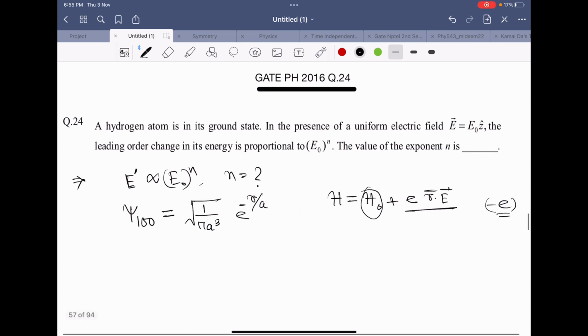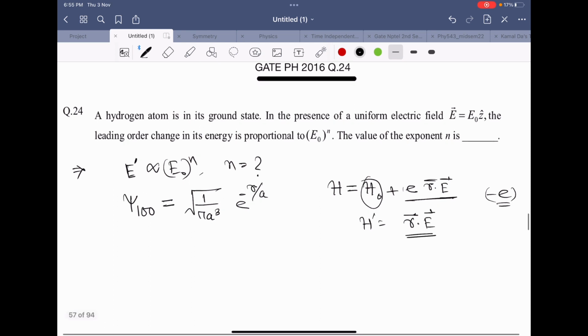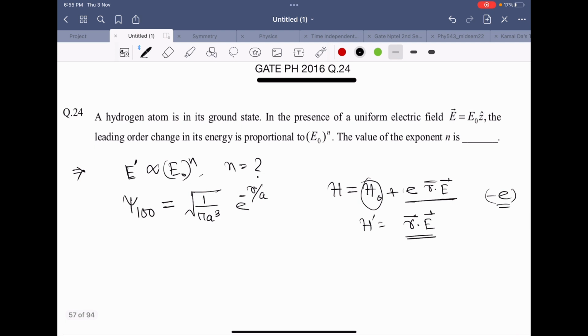So here we are concerned with H prime, because we need to find the dependence on E naught, so we don't need the constant value.